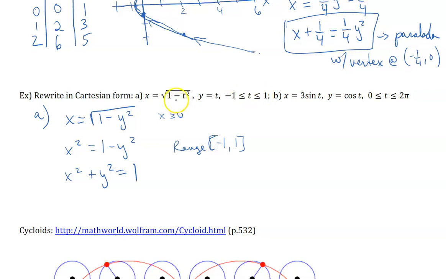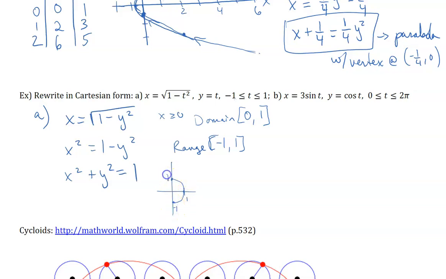However, if I plug negative 1 and 1 into the x function, I'm never going to get a negative output here, so my domain is only 0 to 1. Okay, so this is actually a semicircle, and it happens to be the right half of the circle. So a semicircle with a radius of 1.